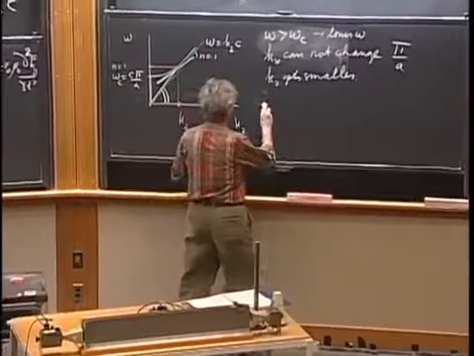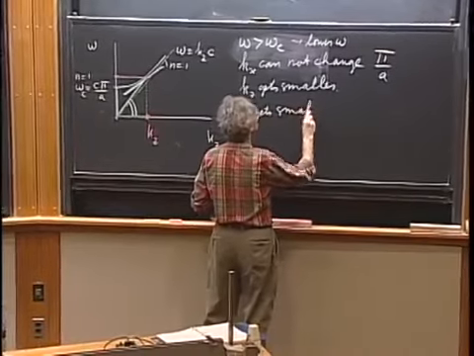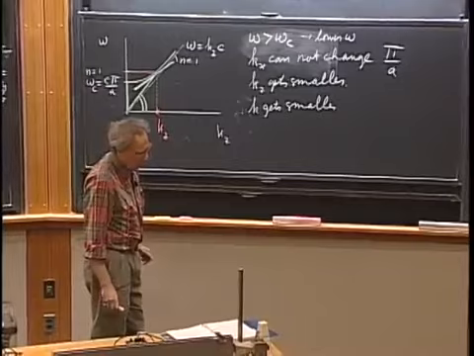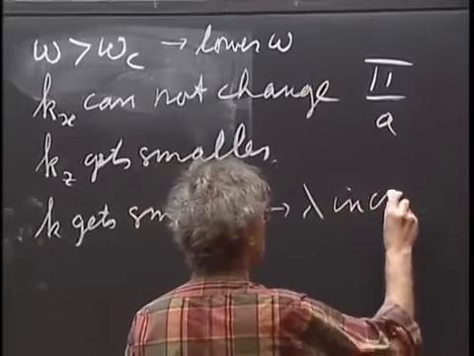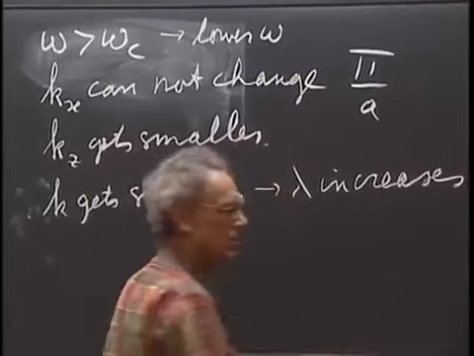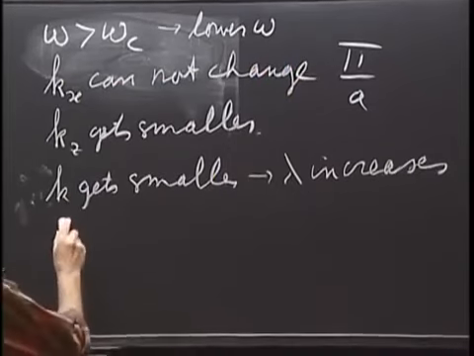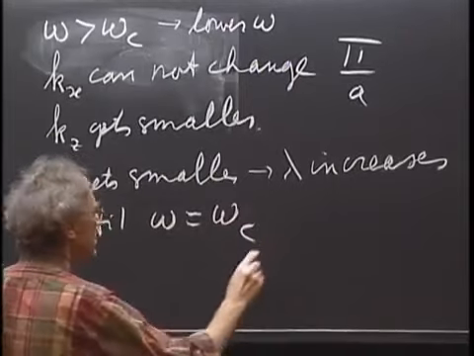And so k gets smaller. And if k gets smaller, then of course lambda increases, because lambda is 2 pi over k, until disaster strikes, omega becomes omega c.